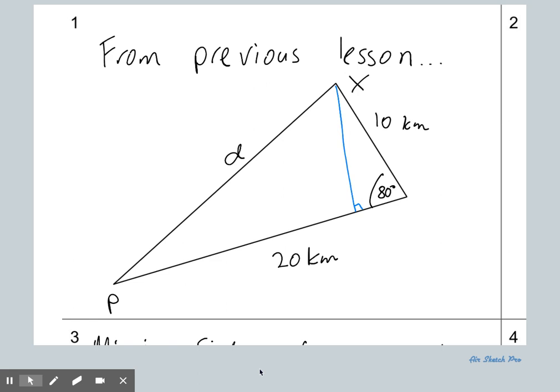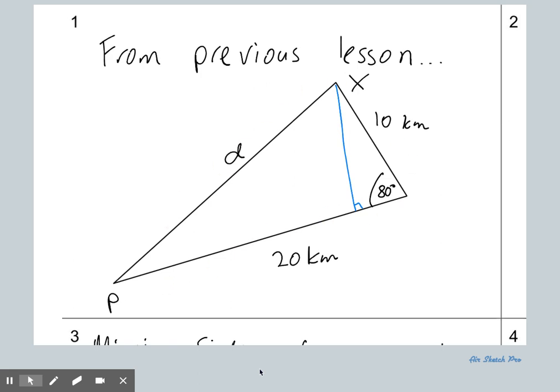Now if you can imagine, because I've got two right-angled triangles and I have an angle here and I have some sides here, I can effectively use Pythagoras' theorem by a couple of different routes in order to calculate it. Now, this idea is transferable across all triangles, not just right-angled triangles.